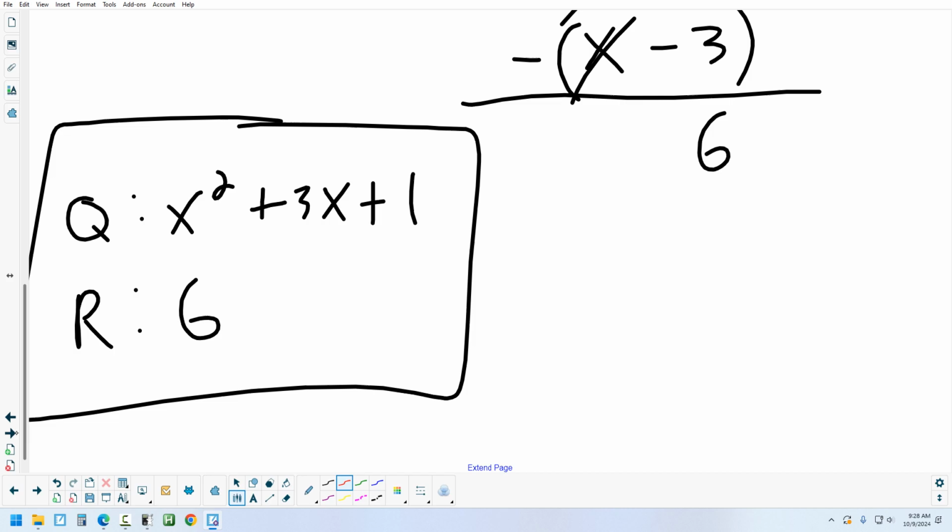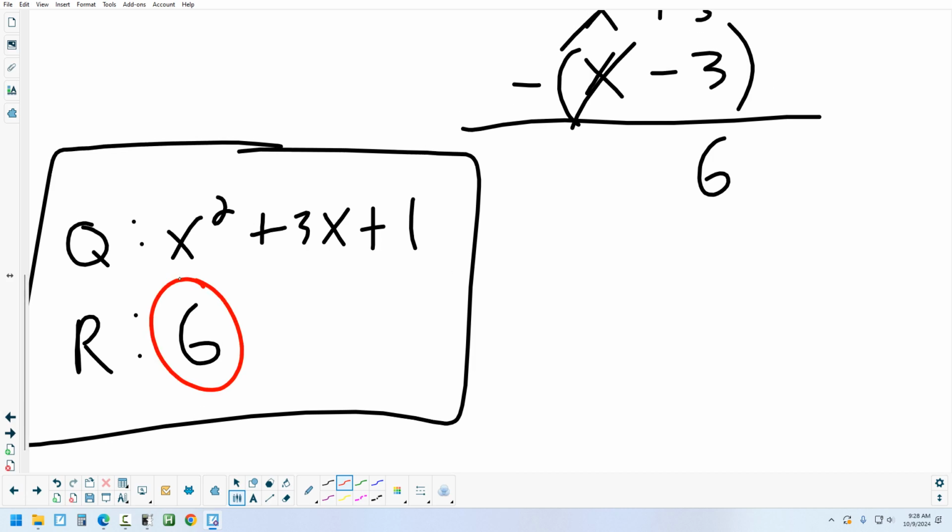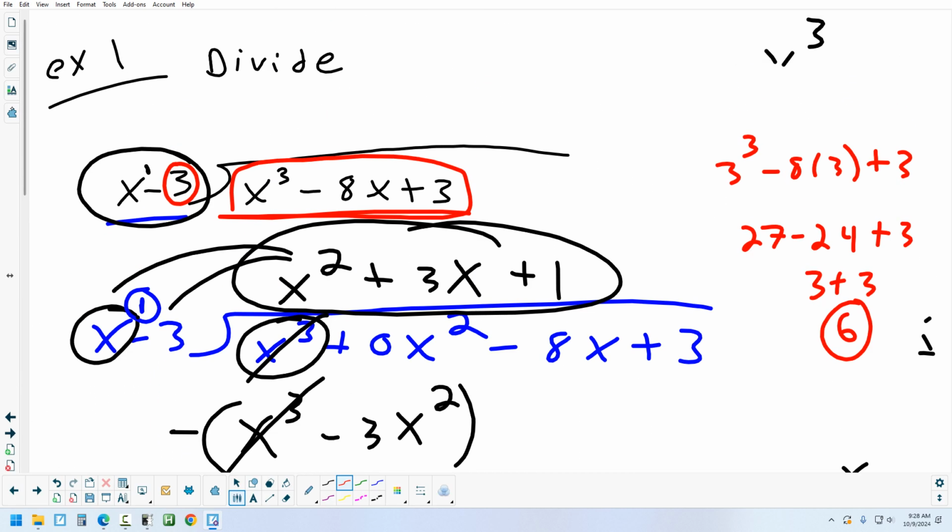So it's a quick way to figure out this number. If you need the quotient, you have to do long division. But if you're dividing by x minus a number, and all they want is the remainder, you can do this shortcut. But remember, it has to be the number after the minus sign. Just the 3.